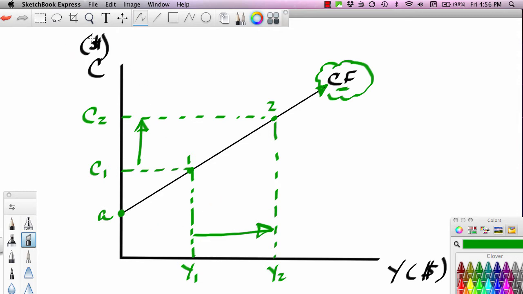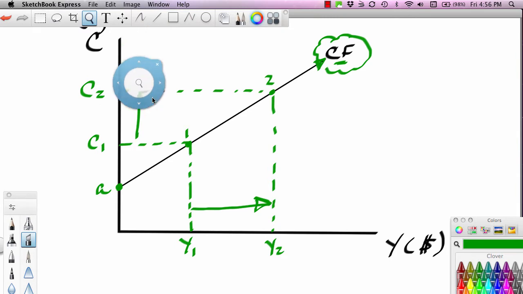Okay? Now, let's put some numbers on here and actually mess around with this. So let me go to a different color, and let's make this 1,000, and let's make this 1,100.